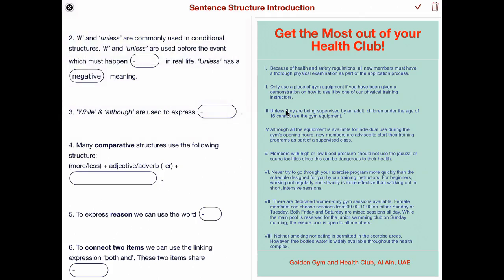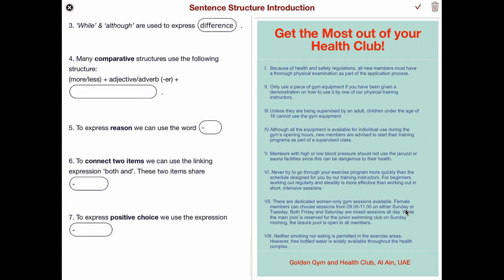And while and although are used to express difference. Okay, they set up a difference, and those things are used almost interchangeably. Okay, so we can put the word while here, and then let's see, while was down here, was it not? There we go. You can put although right there. So those are almost interchangeable.